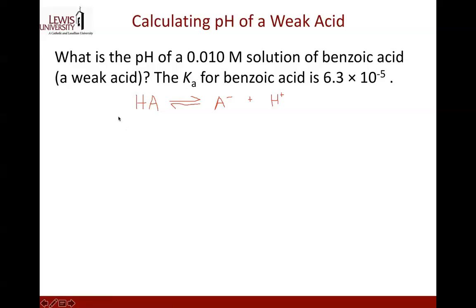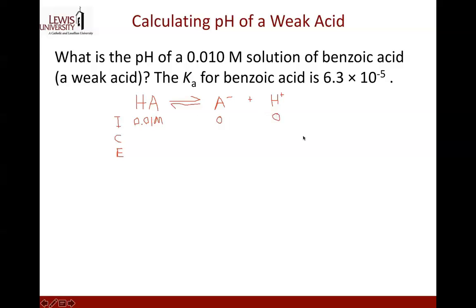So we have to think about how this changes once it comes to equilibrium, because if I take benzoic acid and I have a 0.01 molar solution, some of it's going to dissociate, but not all of it. So I have 0.01 molar concentration, and initially I don't have any A minus or H plus.